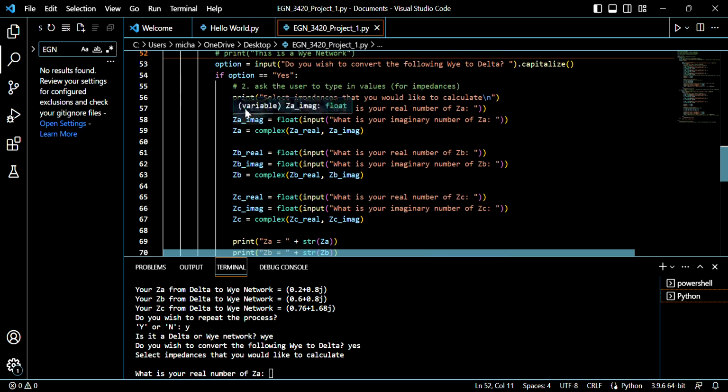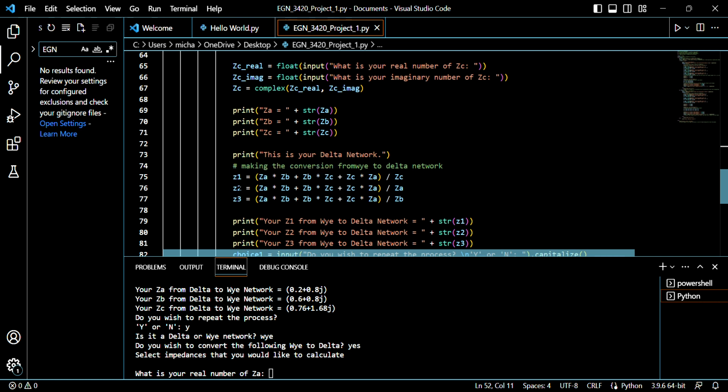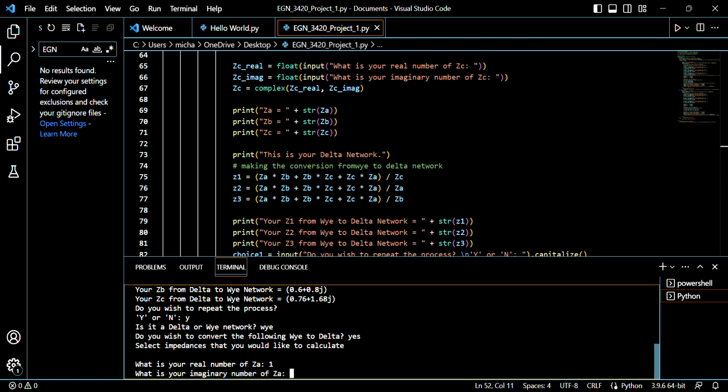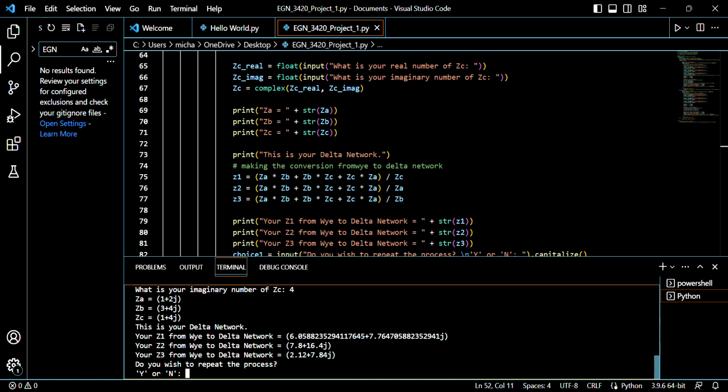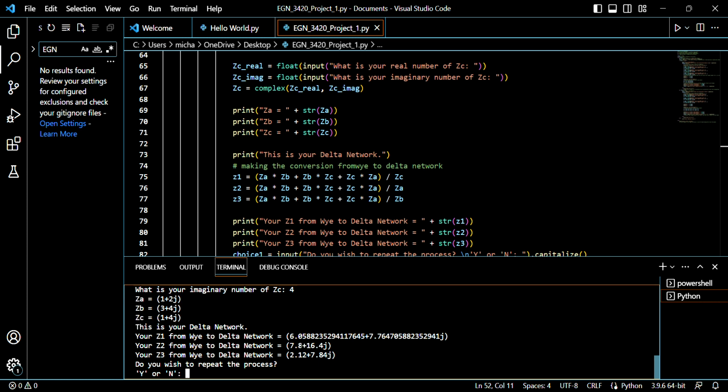The only thing that's different is that instead of Z1, Z2, and Z3, it will be ZA, ZB, and ZC, and then you're going to convert that to Z1, Z2, and Z3 to be your delta network. So I'll use the same numbers here, 1, 2, 3, 4, 1, 4, and it prints out what your ZA, ZB, and ZC are going to be for that Y network.